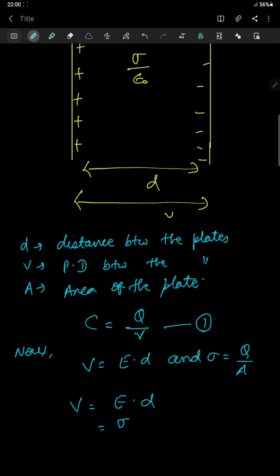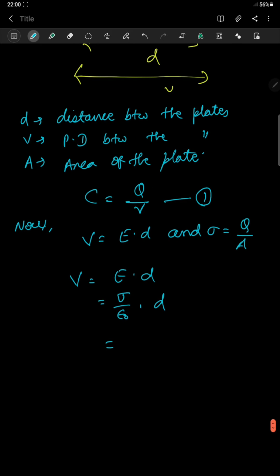We have just now calculated: sigma by epsilon naught, into d, and for sigma we put Q by A. So Q d by epsilon naught A. Now you have the expression for V. Let us take it as equation 2.